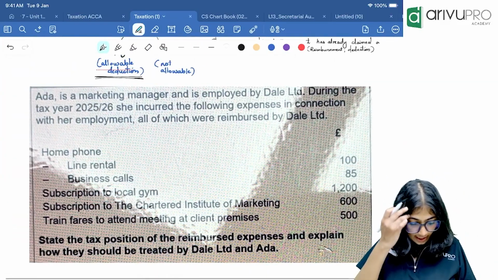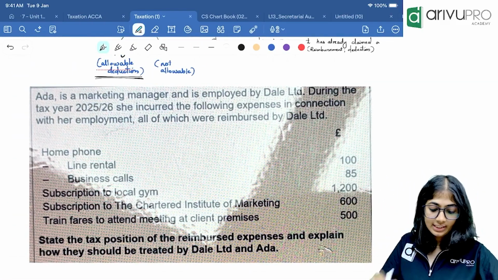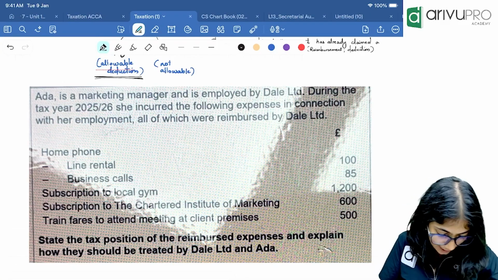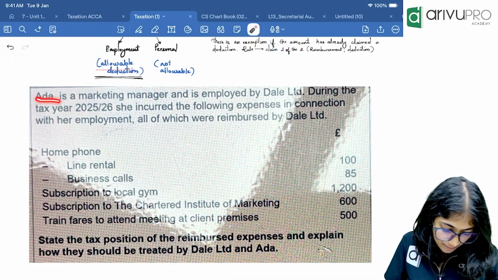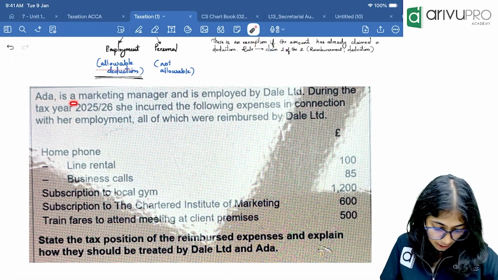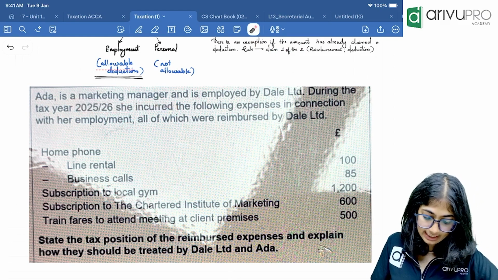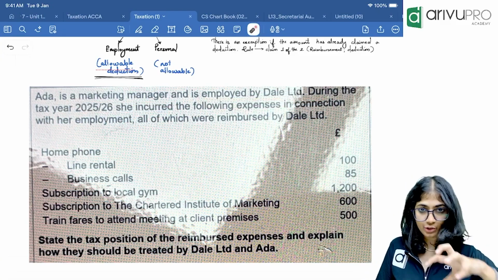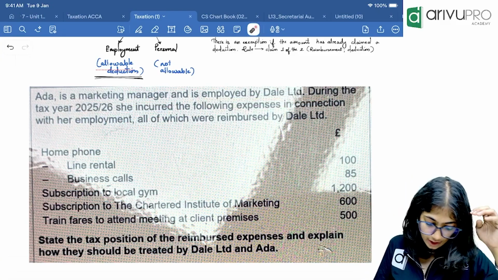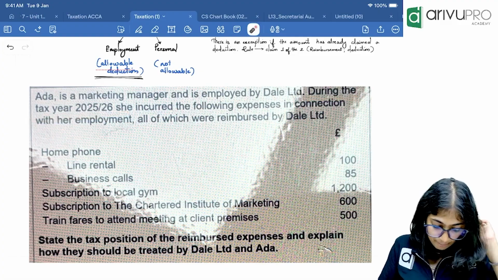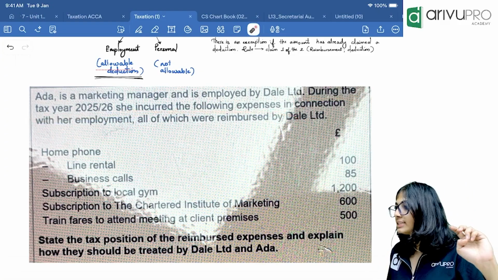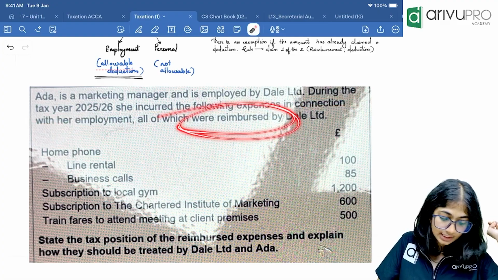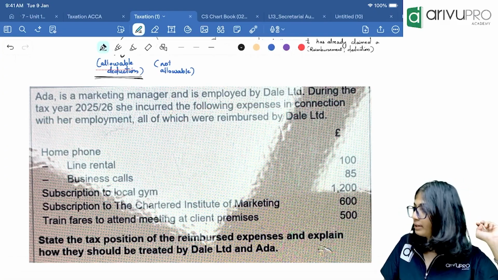First things first, we make notes right in the question. Ada is a marketing manager and is employed by Dale Limited. Nothing to remember here. During the tax year 25-26, she incurred the following expenses in connection with her employment, all of which were reimbursed. What do we learn about reimbursement?